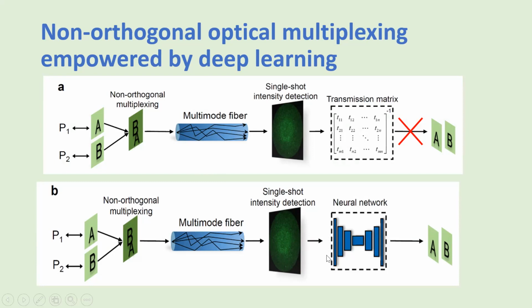We shall see in the next slide how this neural network is used to propagate this signal, and all the light fields with different information and different dimensions of phase, polarization, and amplitude.